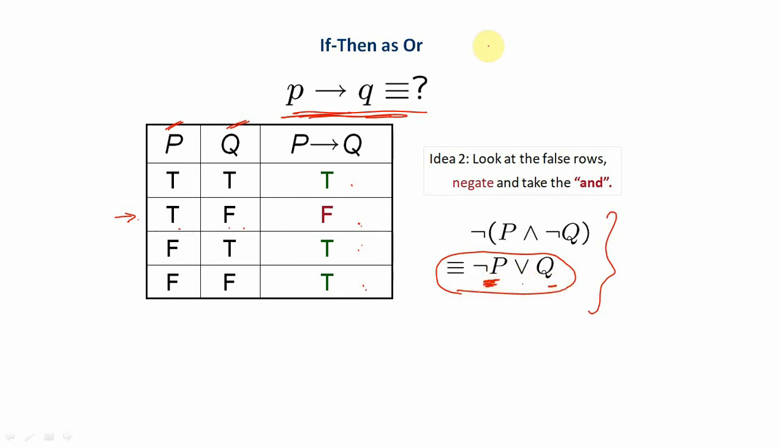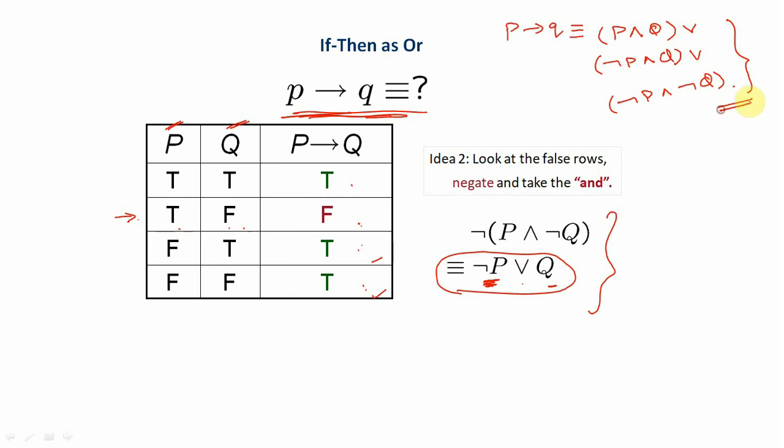Or there is another way. P implies Q is logically equivalent, if I use idea number one, to (P and Q) or (negation of P and Q) or (negation of P and negation of Q), taking these rows.